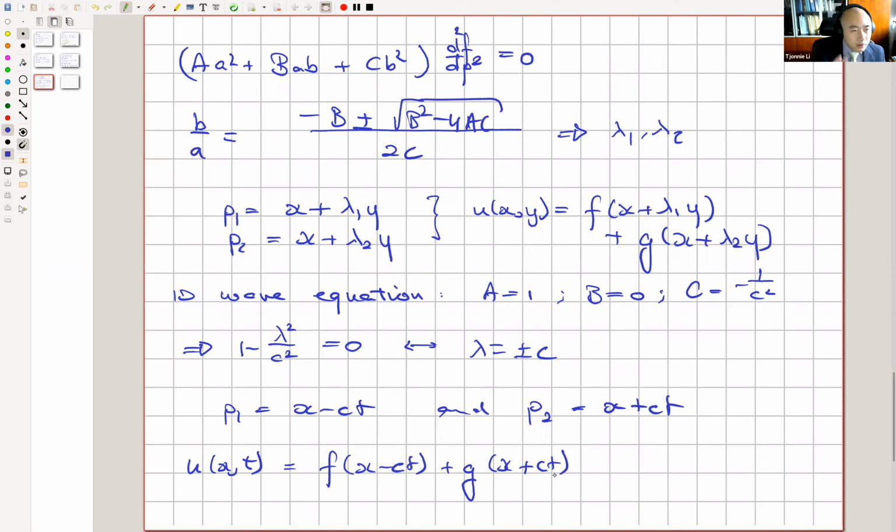And so even if we look at this solution over here, notice that irrespective of what f and g are, the general solution to this equation is given by a function that is only of x minus ct or x plus ct.